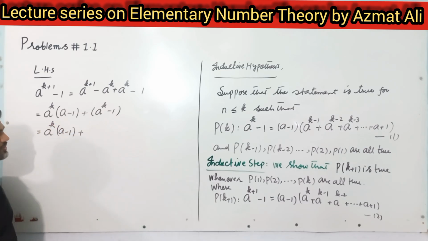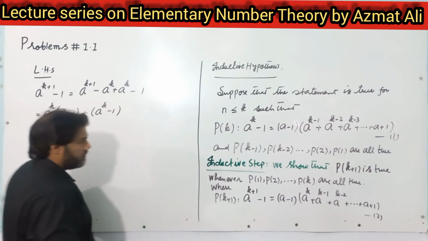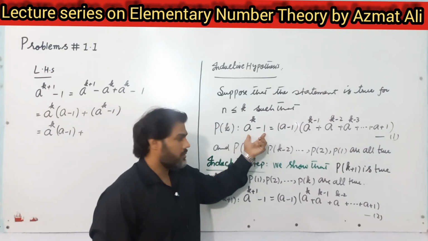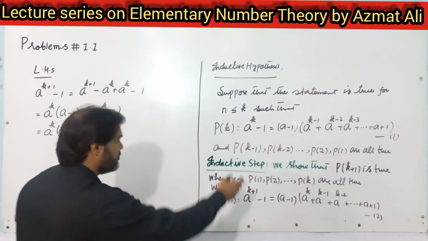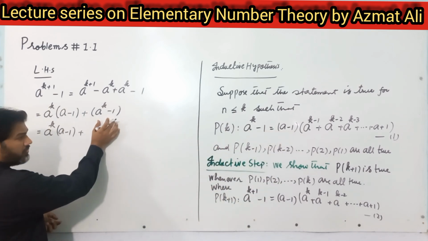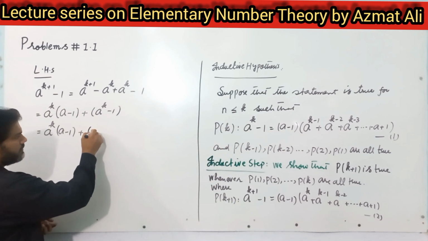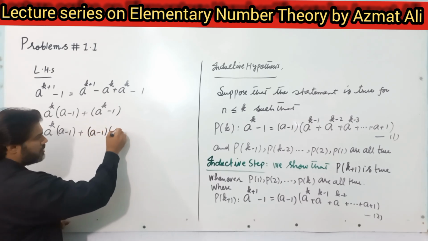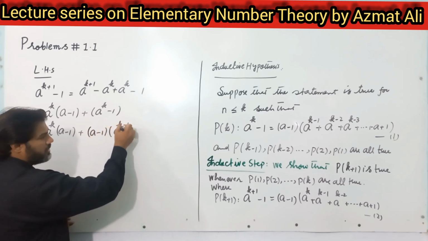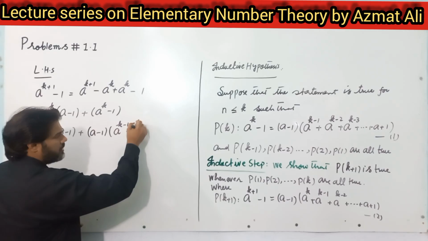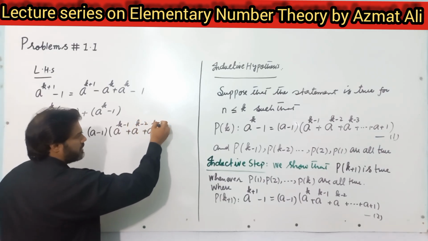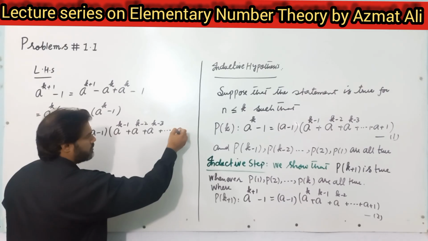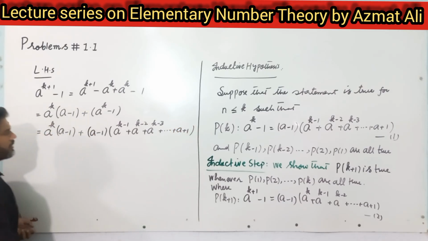Now by using expression number 1, a raised to power k minus 1 is equal to this. So by substituting the value of a raised to power k minus 1 here, we have a minus 1 into a raised to power k minus 1, a raised to power k minus 2, a raised to power k minus 3, and so on up to a plus 1.